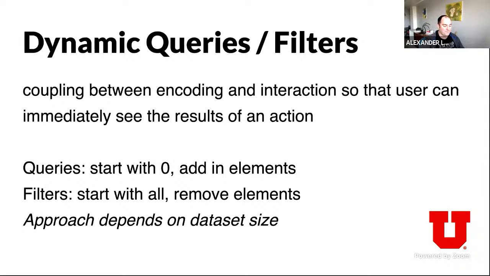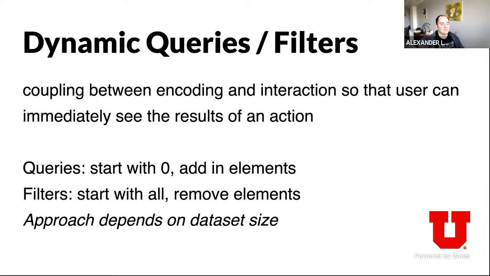Remember the home finder, where we also did an activity in which we tried to redesign the filter operation. To come back to this query versus filter dichotomy, you should think of it as: queries start with zero and then you add in elements, whereas filters start with everything and you remove elements.